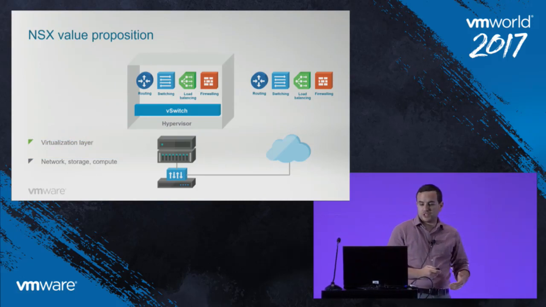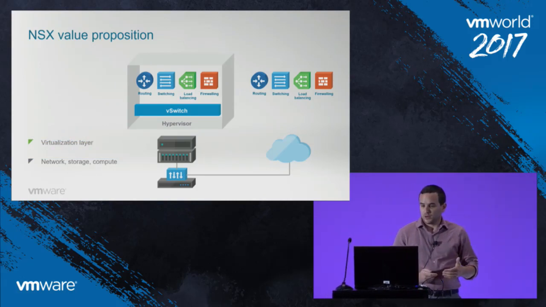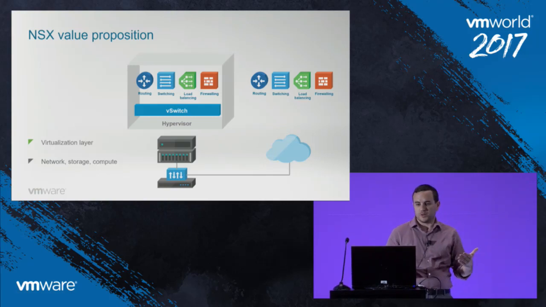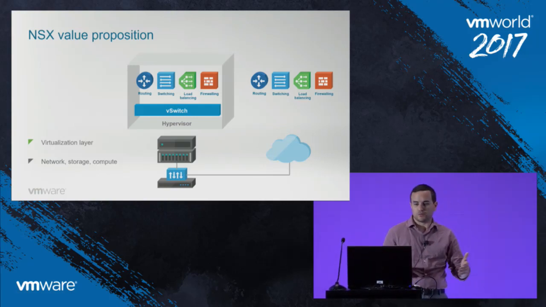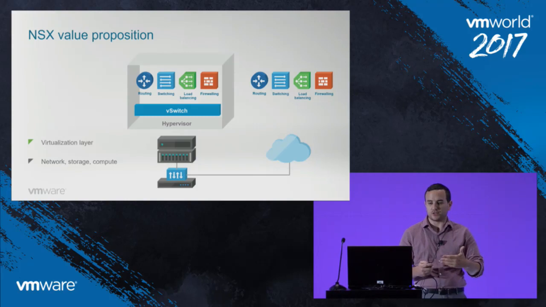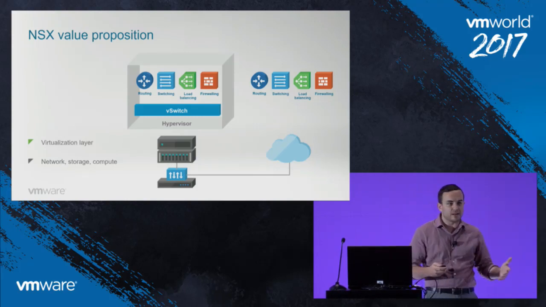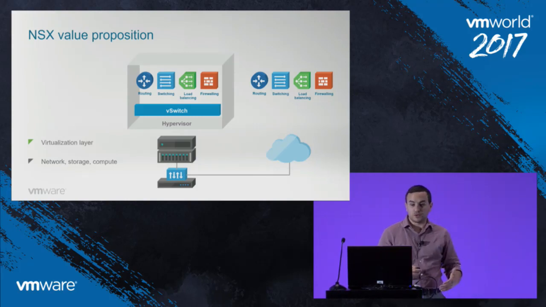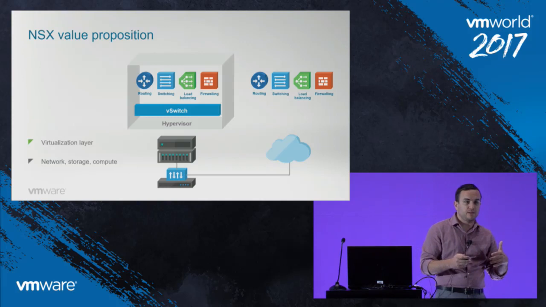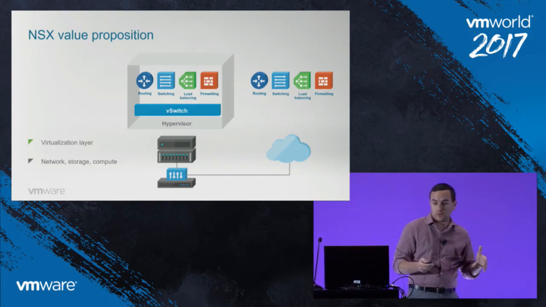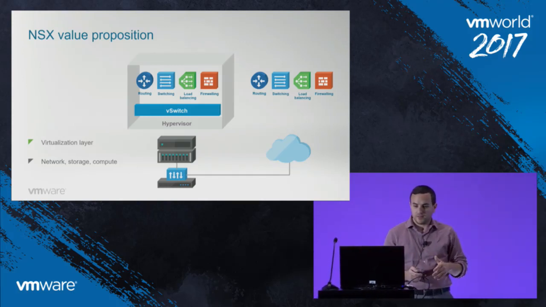So network virtualization is conceptually similar to server virtualization, as we've touched on. Server virtualization, as you know, reproduces the x86 attributes in software and can be programmatically assembled. Network virtualization creates the functional equivalent of a network hypervisor that reproduces the complete set of layer 2 through 7 networking and security functions.